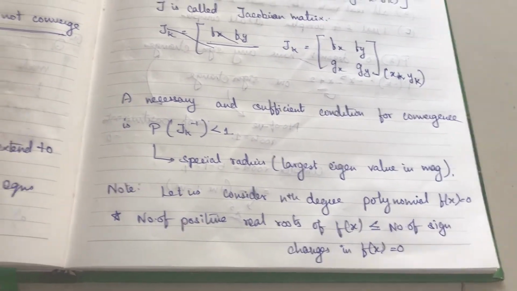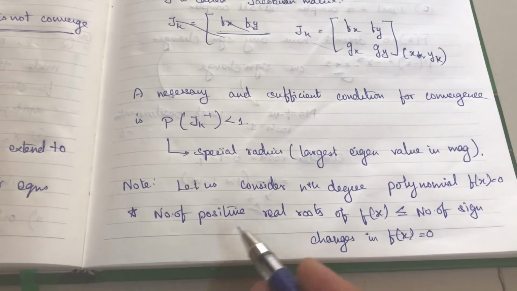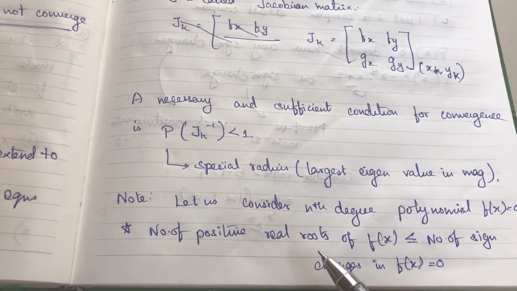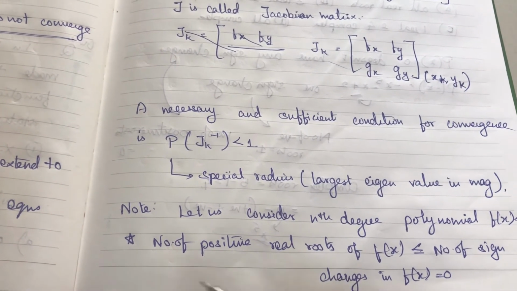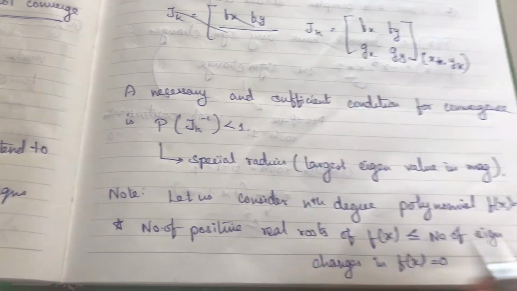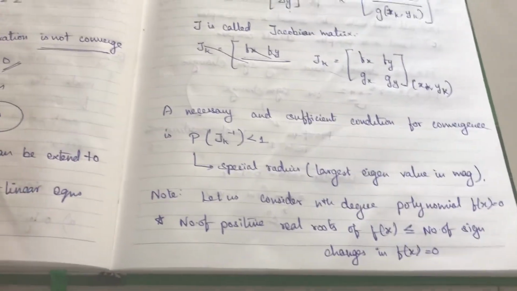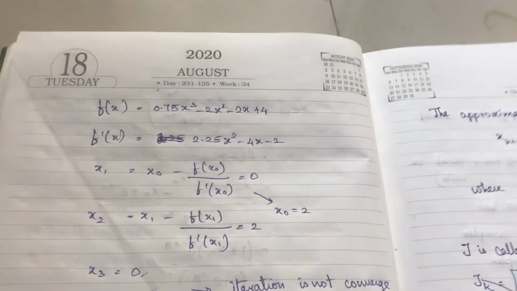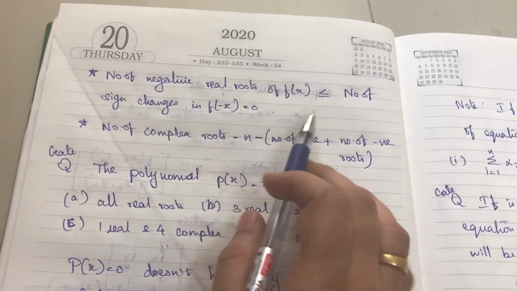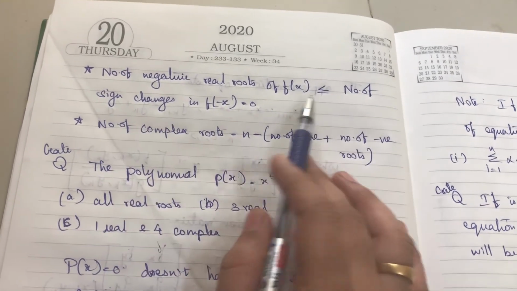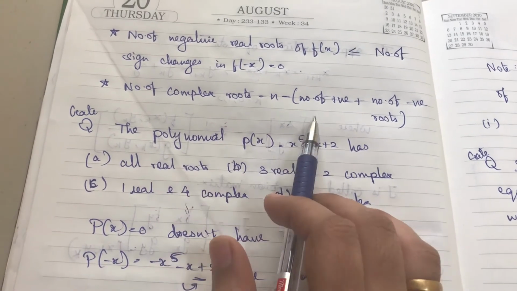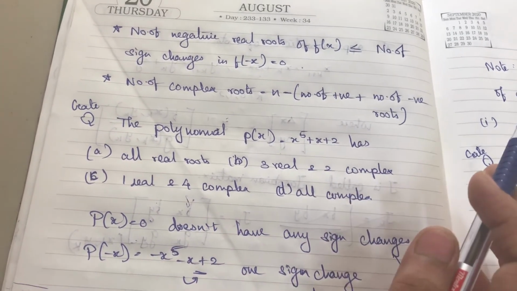So the number of positive real roots of f of x should be less than or equal to the number of changes. The number of negative real roots of f of x is also less than or equal to the number of sign changes. The number of complex roots means n minus the number of positive, minus the number of negative roots.